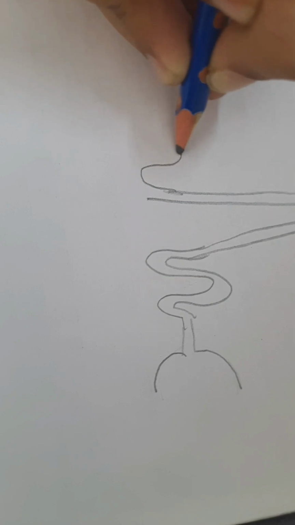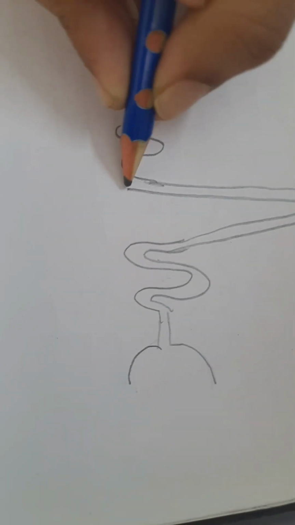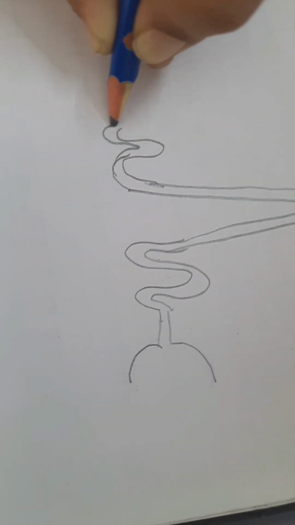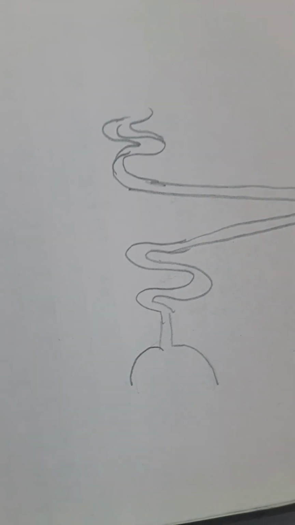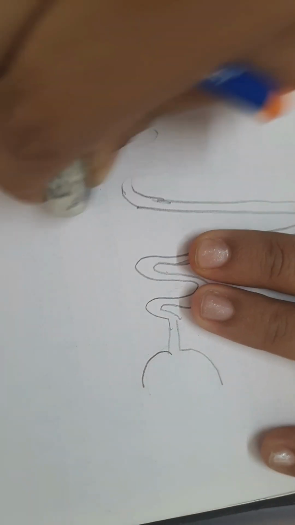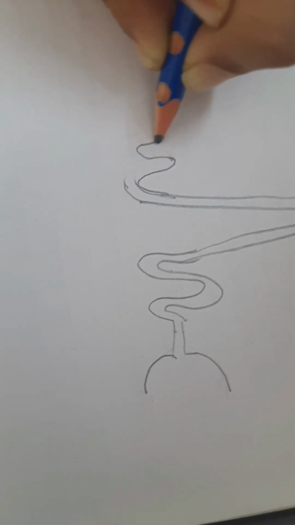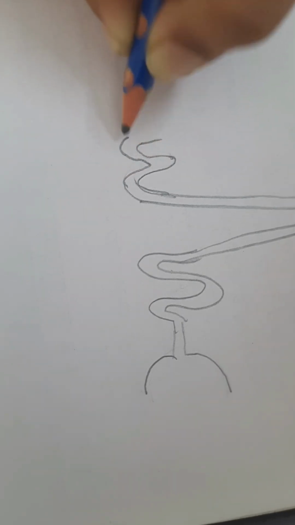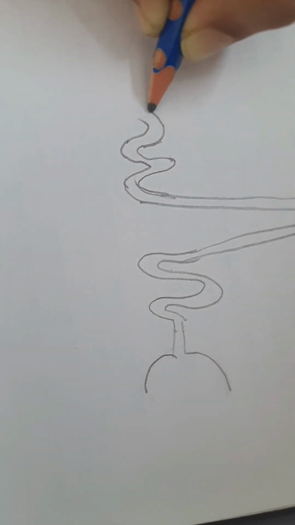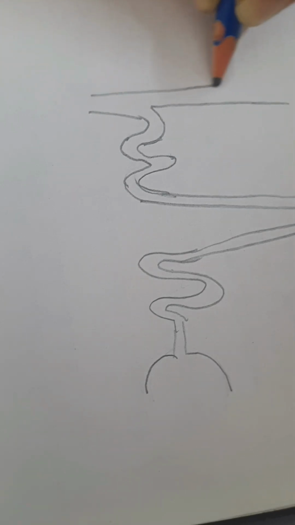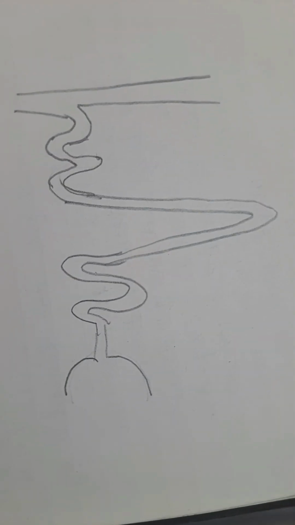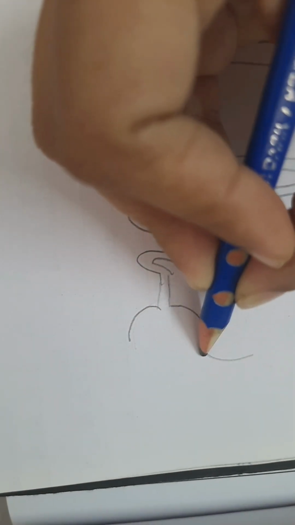And then after that, again you will draw the same kind of structure like this here, which is basically your DCT, sorry, not PCT. DCT is the distal convoluted tubule, and then after that we'll have the collecting duct.